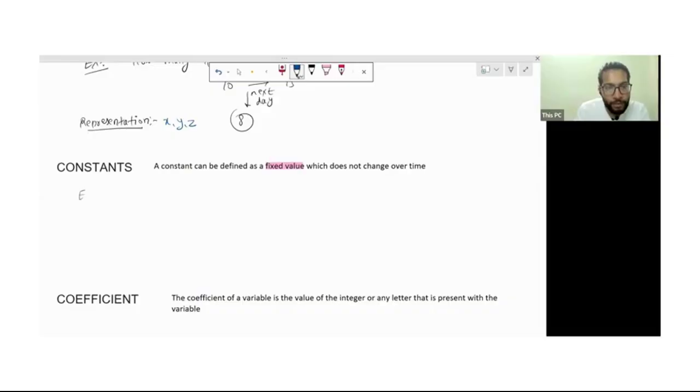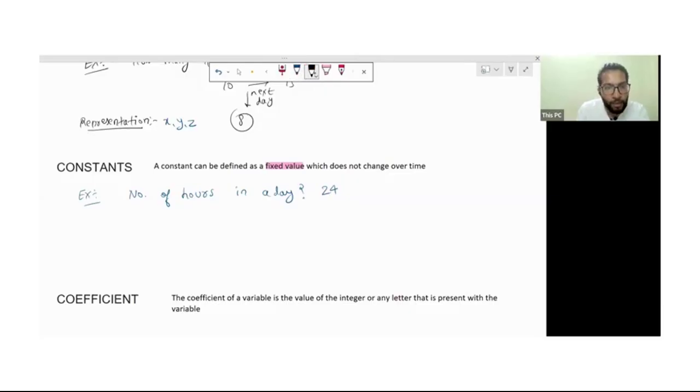If I explain this with example, suppose number of hours in a day. And it is a universal truth that number of hours in a day is 24 hours. If I ask this question to anyone, then answer should be same. So the answer or the value of this question is same for everyone and it is fixed. So such type of terms for which we have any fixed value are known as constants.